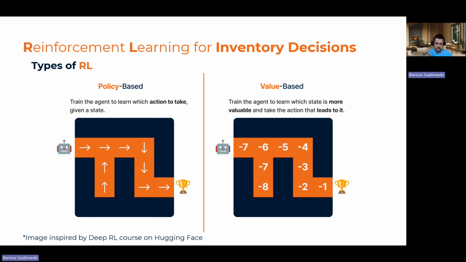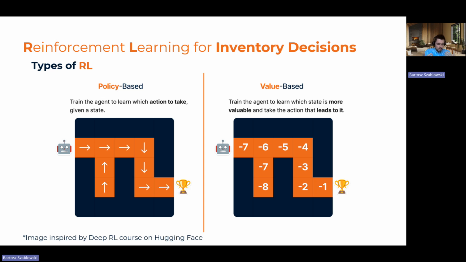We can say that it creates something like a map between the state and the action. In the value-based approach, the model doesn't immediately say what to do. Instead, it first evaluates how good a given action is in a given state. So it learns a value function, and the final decision is chosen based on the highest score.